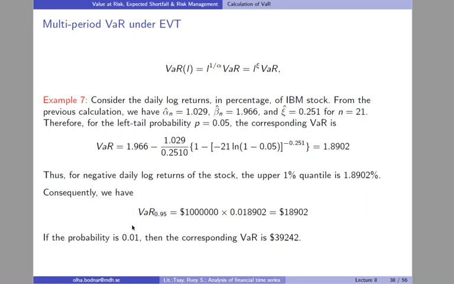Consequently, value at risk is given this way. That's $18,000, roughly $19,000. If the probability is 0.01 instead, the corresponding value at risk is a bit bigger.